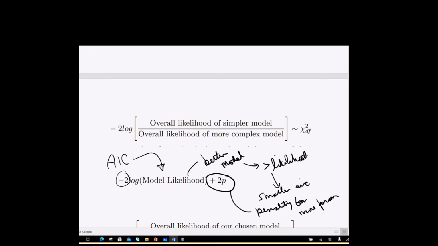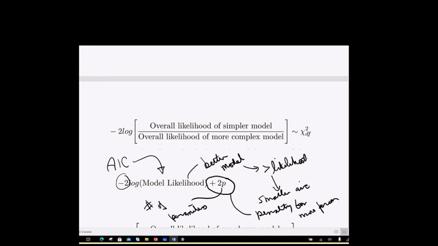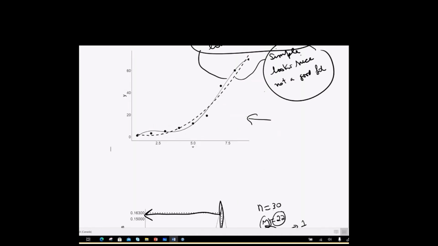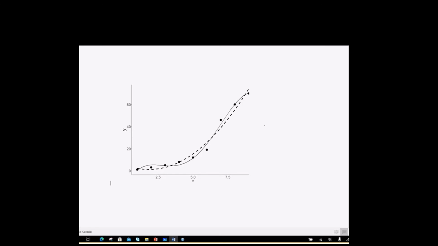Because P is a number of parameters. So if we go back up here and look at our two models, look at the solid line. It's the more complicated model.